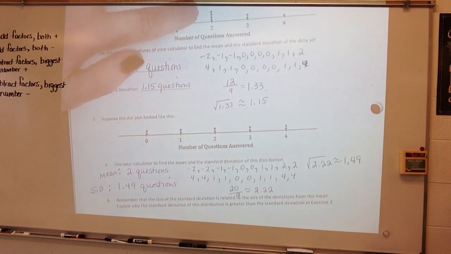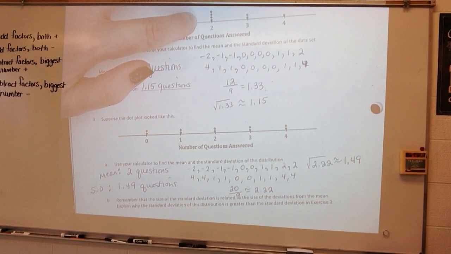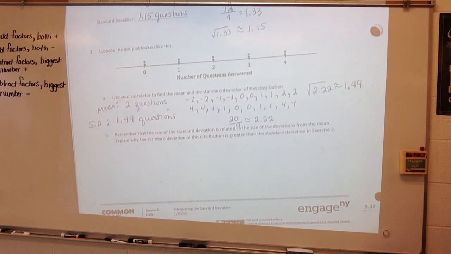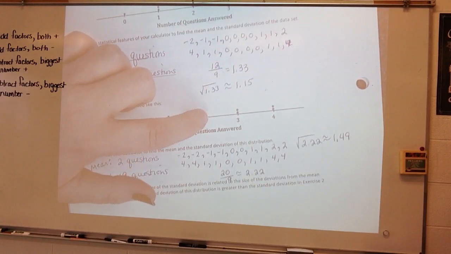Here my standard deviation is about right here. My points are farther from the mean.